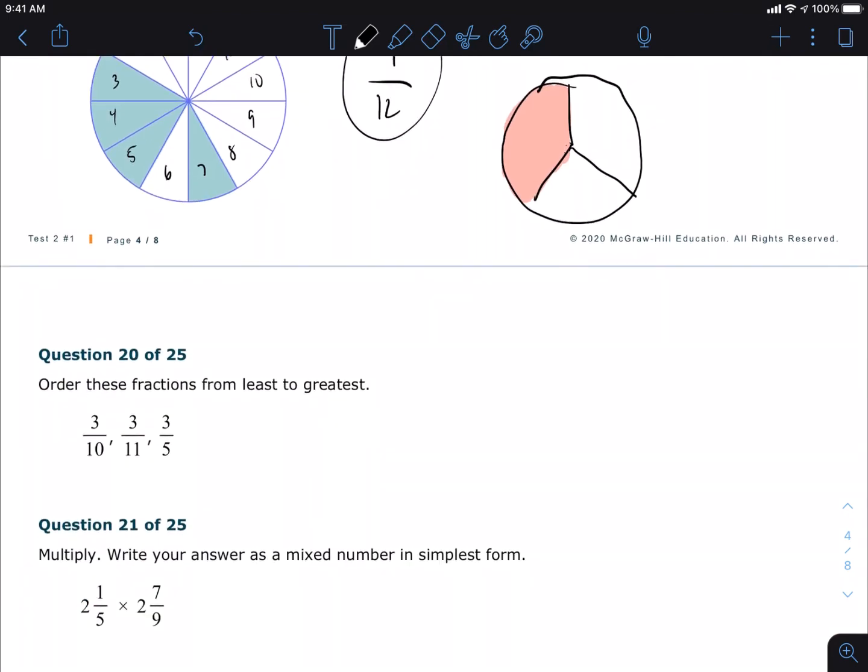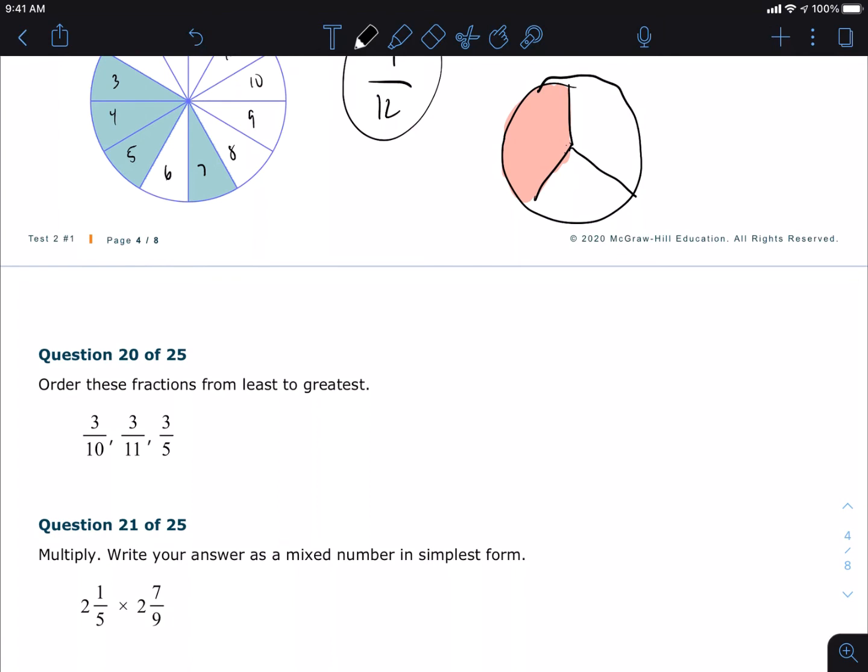Again, trying to see if you understand least to greatest. And this time, though, they have different denominators. So we could take the time to put them into common denominators. I already know the answer.